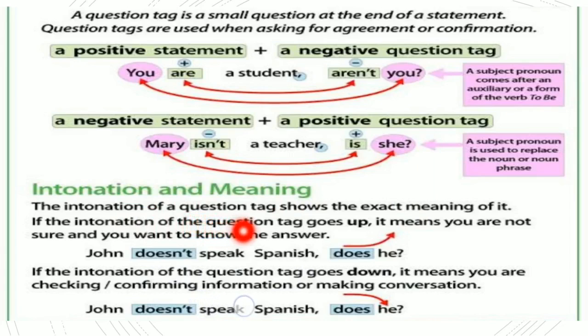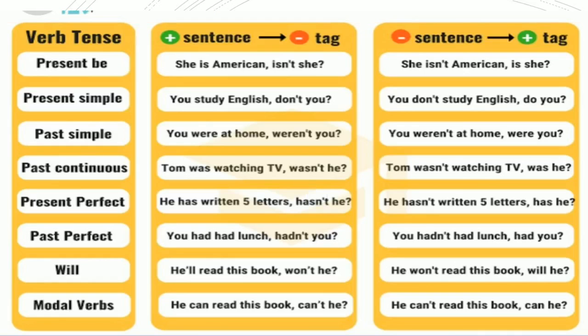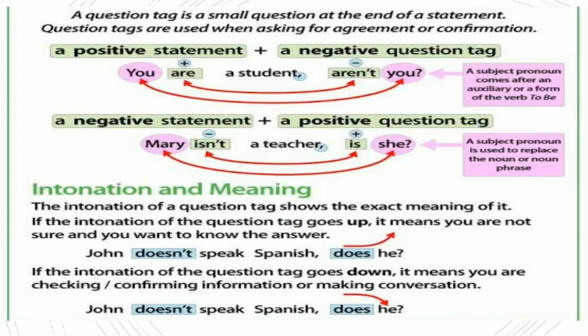But if I say, John doesn't speak, your voice changes accordingly, meaning you are not sure about the answer and want to know it. But when your question tag goes down, you are checking or confirming the information or making conversation. So it depends upon the intonation, but basically the rule remains the same.